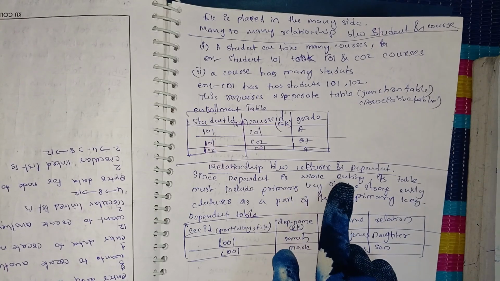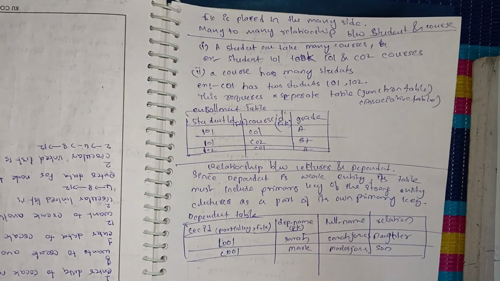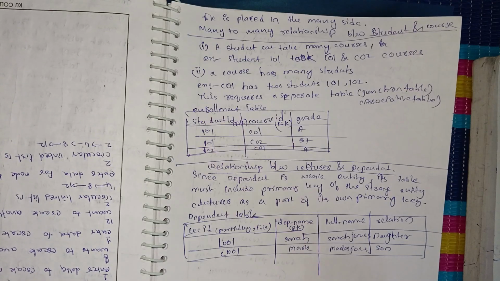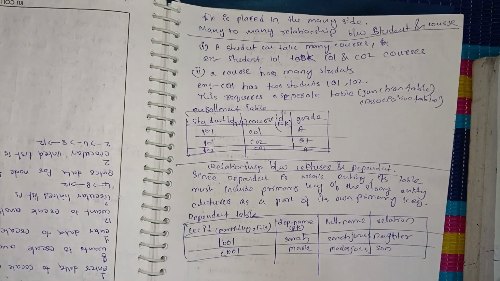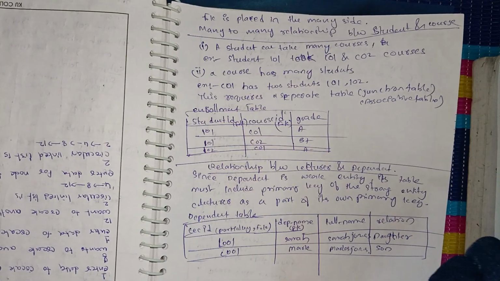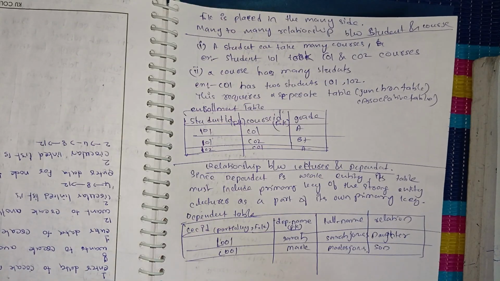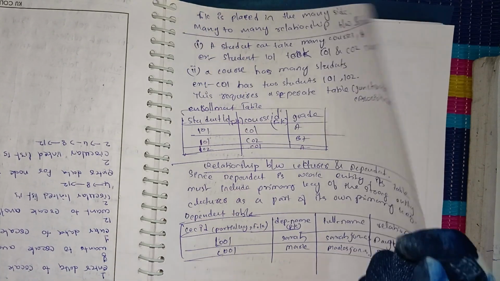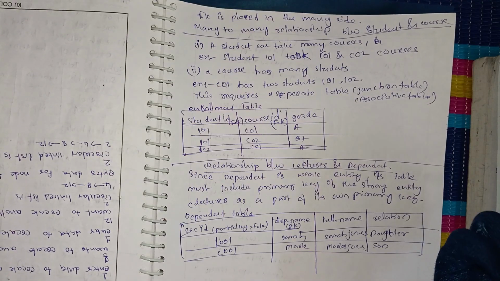It is a weak entity. As we all know, it has only a partial key which can't alone uniquely identify each row in the table. It requires the primary key from the strong entity, and combined with that primary key, both together uniquely identify the dependent entity, meaning the dependent table.